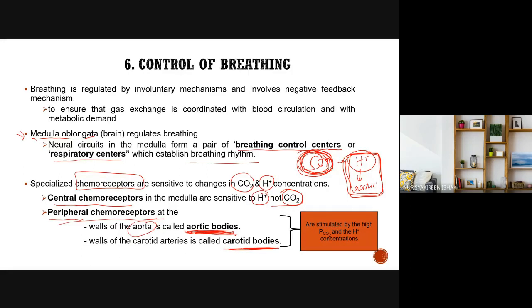Okay, so these two peripheral chemoreceptors are stimulated by the high partial pressure of carbon dioxide and also hydrogen ion concentration. So peripheral ni by both carbon dioxide and also hydrogen ion. Tapi kalau central by hydrogen ion sahaja.